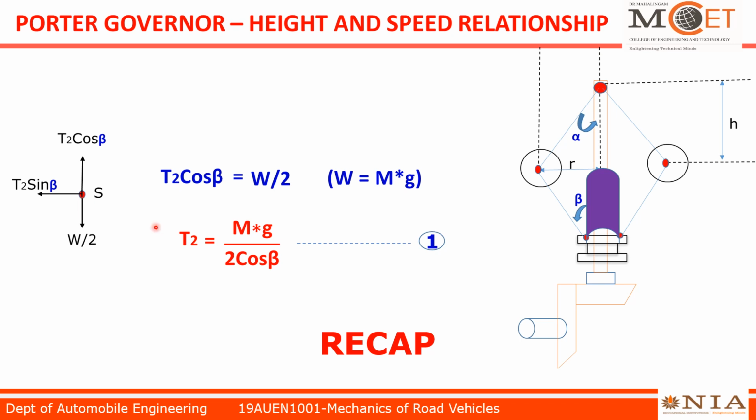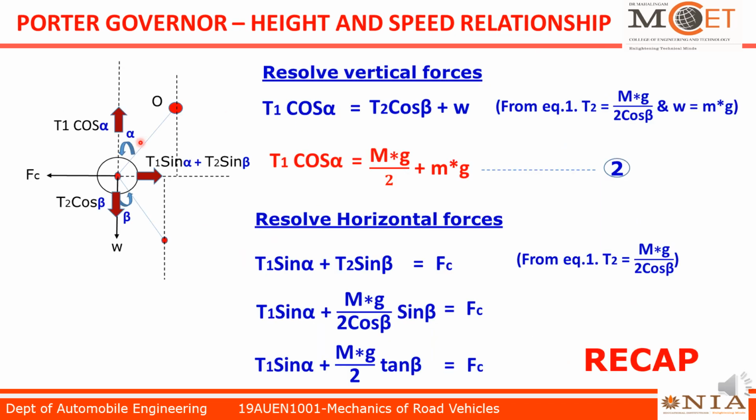We just resolved this. We got T2 equal to mg2 cos beta. And the forces on fly ball were analyzed. We got T1 cos alpha equal to capital M g by 2 plus small m g. Here capital M indicates the central load mass. Small m indicates the mass of fly ball.